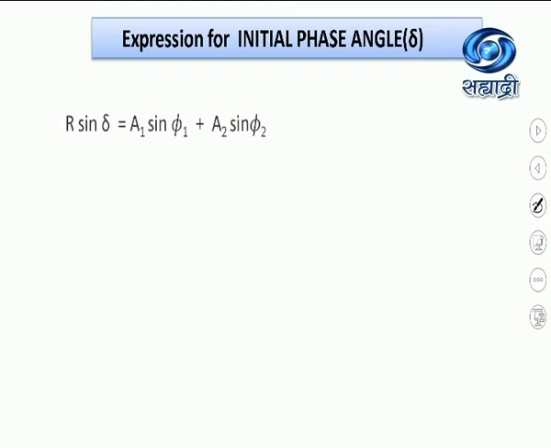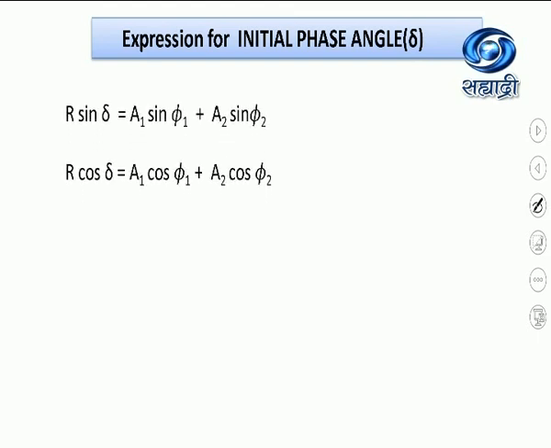On similar lines, we will try out the expression for the initial phase angle delta for composition of two SHMs. For that, again we have the same constant terms which we assigned in the beginning, R sin delta and R cos delta, which are equated with the concerned terms.